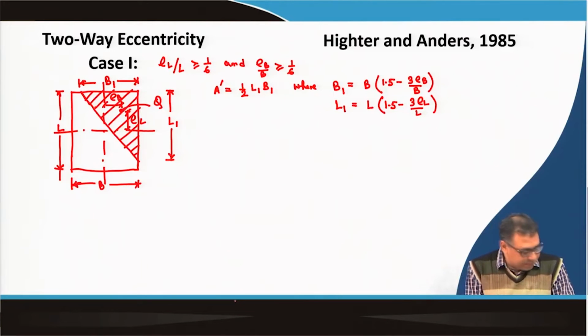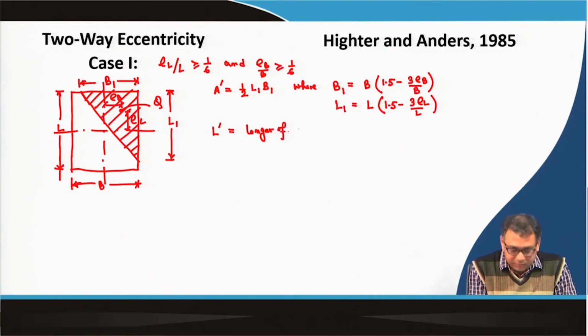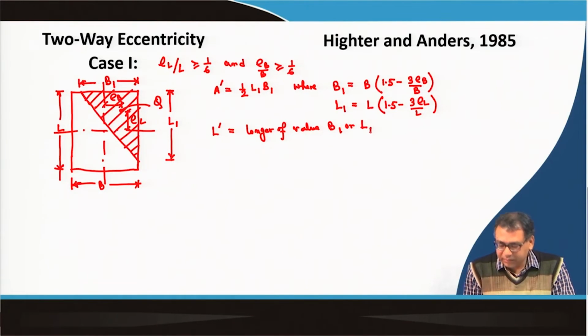So, now the effective length L dash will be equal to the longer of the values B_1 or L_1. That means the effective length L dash will be the larger value of B_1 or L_1.